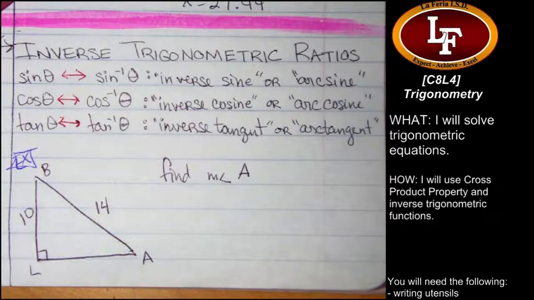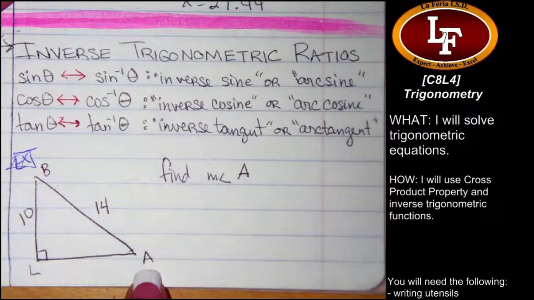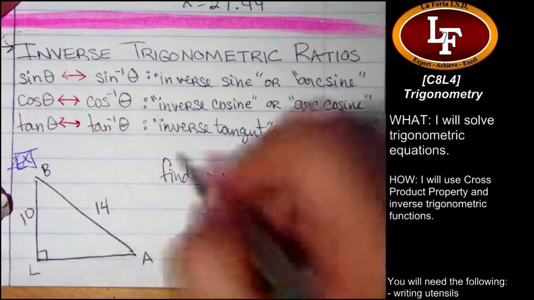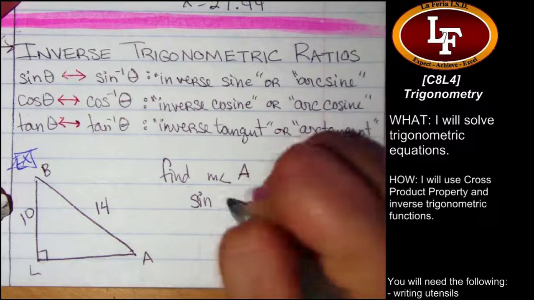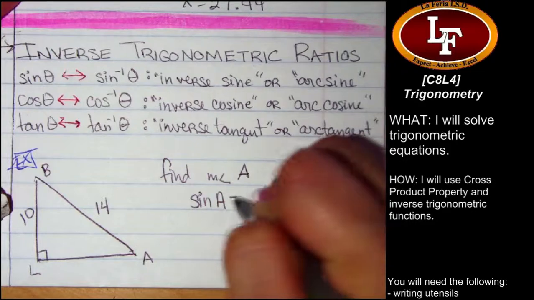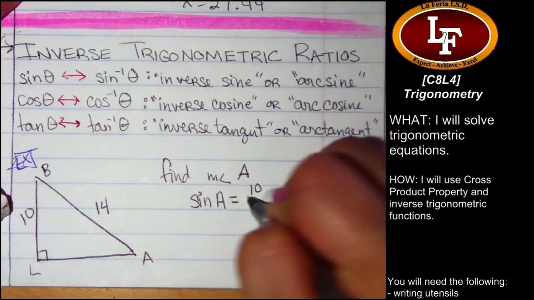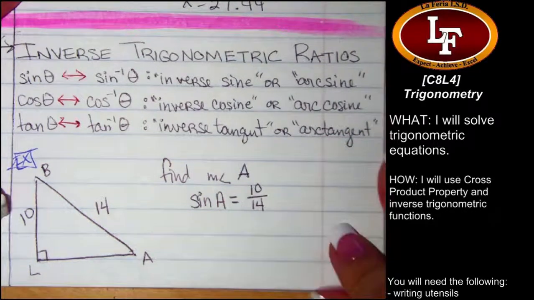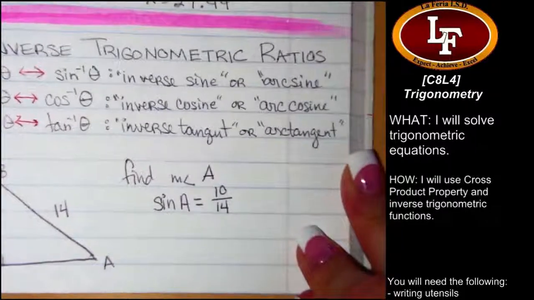We need to figure out which trig ratio we have the information for. Do we have stuff about the hypotenuse? Yes, tangent is out. You're down to sine or cosine. Which one is your reference angle? A. And you have information about which side in relation? The opposite. Sine is indeed the trig ratio, so the sine of angle A is the opposite over the hypotenuse. And we have our equation.